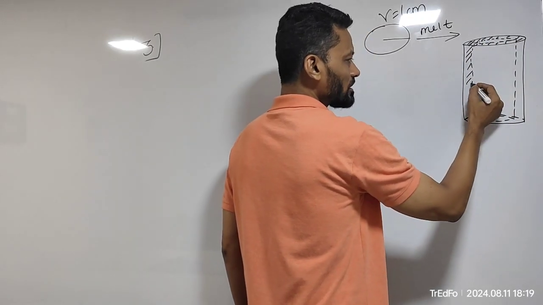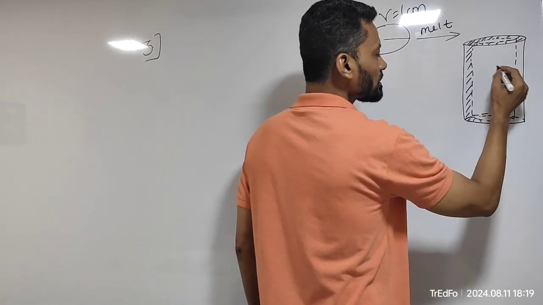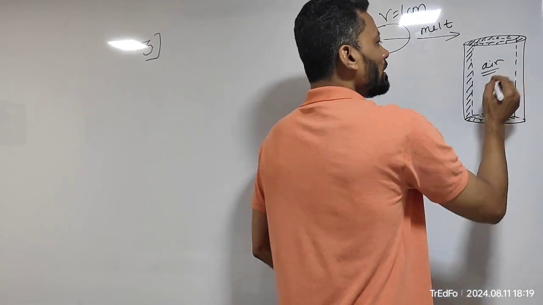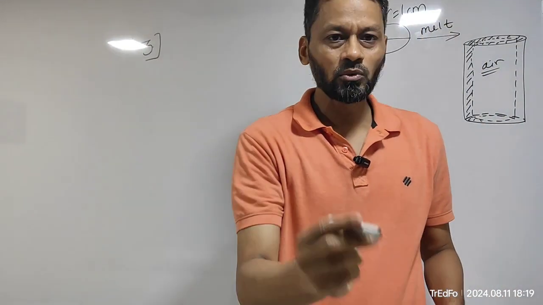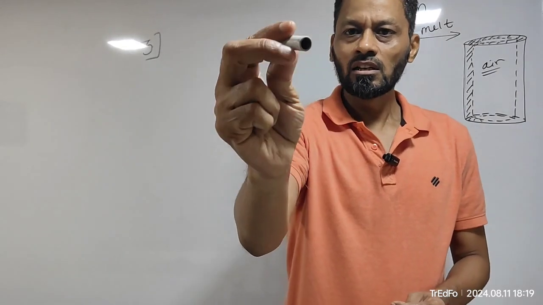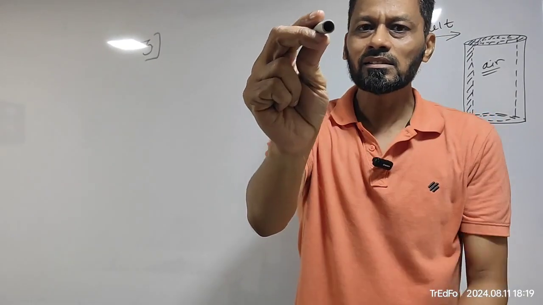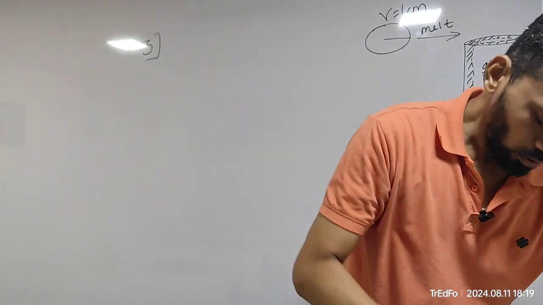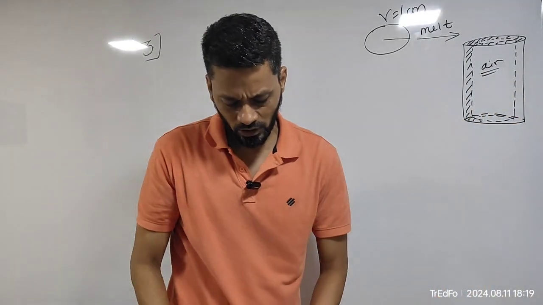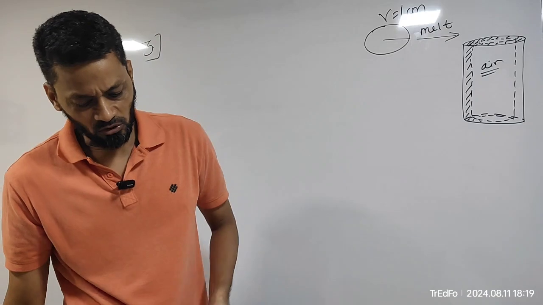Inside this it's air. So if I show you what a hollow tube means, it would be something like this. Can you see this? It's air inside and this is my tube, but directly I can say hollow cylinder is my tube over here. Let's see now what they mean to say ahead.